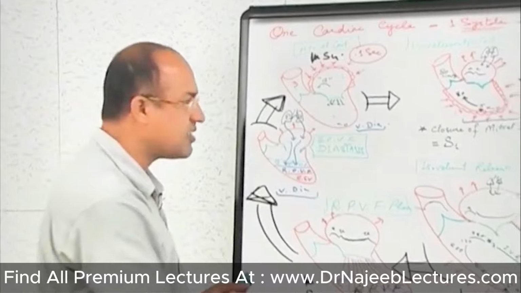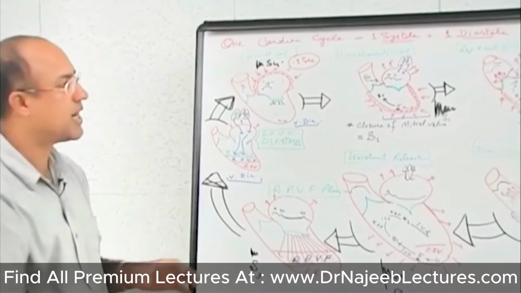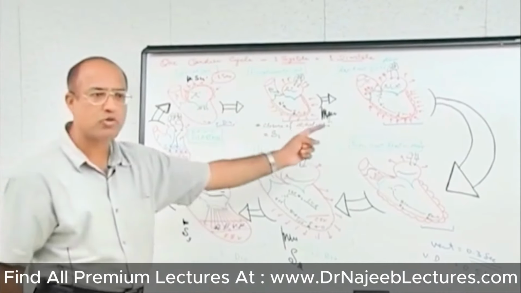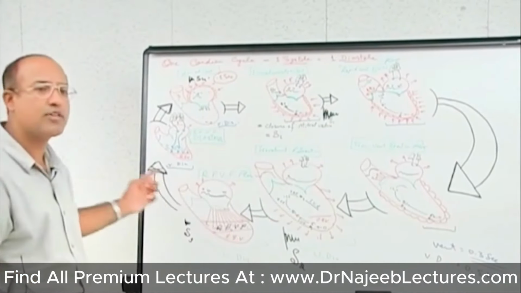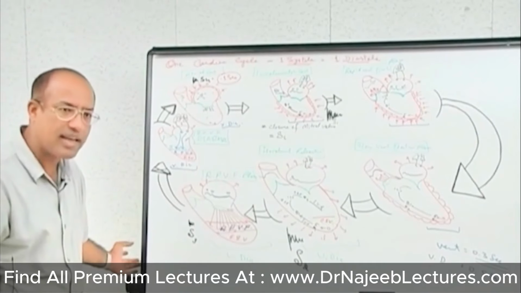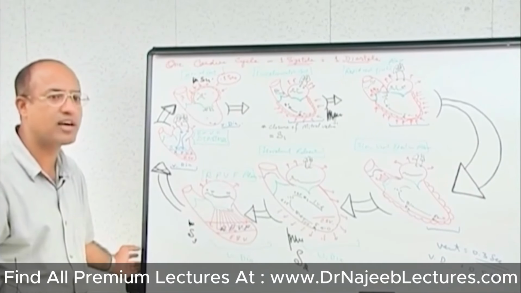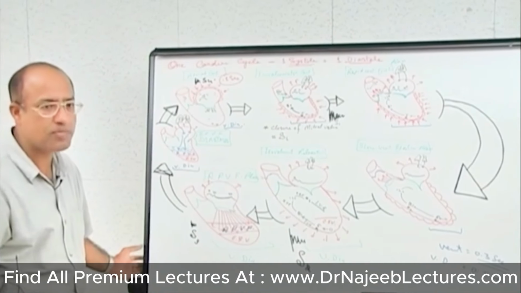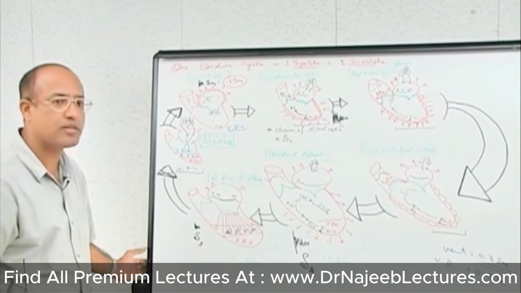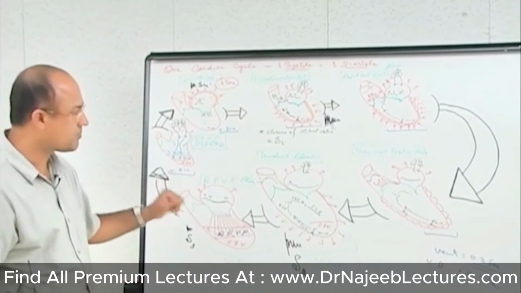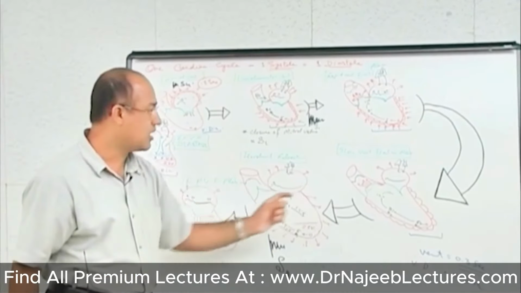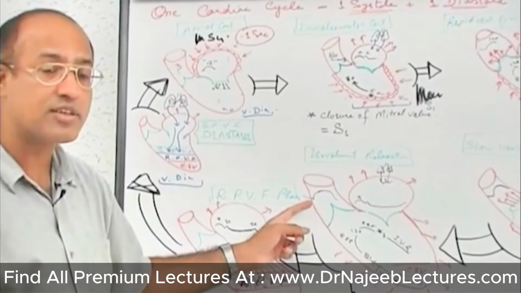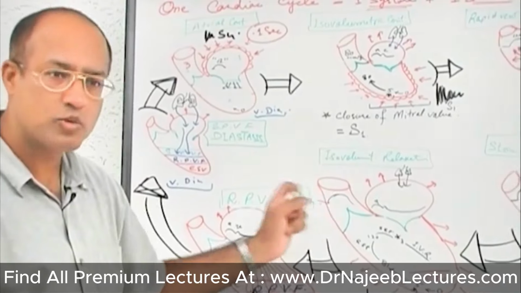So once you have learned this thing, one more thing which I want to highlight, the phases here I have shown in the left heart, but actually exactly similar phases also occur in the right heart, except the pressures in the right side of the heart are lesser than the pressures in the left side of the heart. For example, the pressure in aorta varies between 80 to 120, but pressure in pulmonary artery varies between 8 and 25.